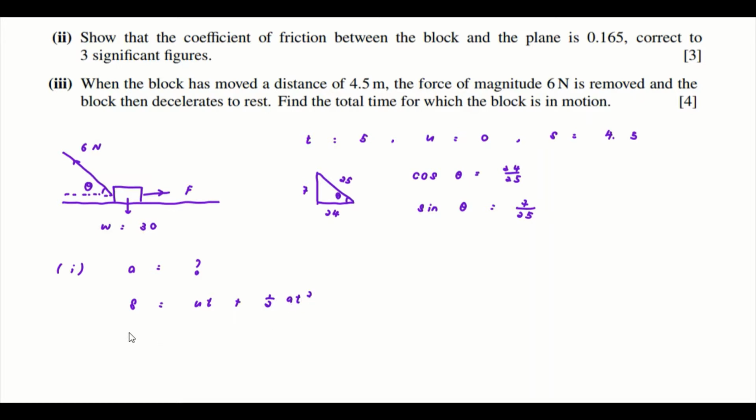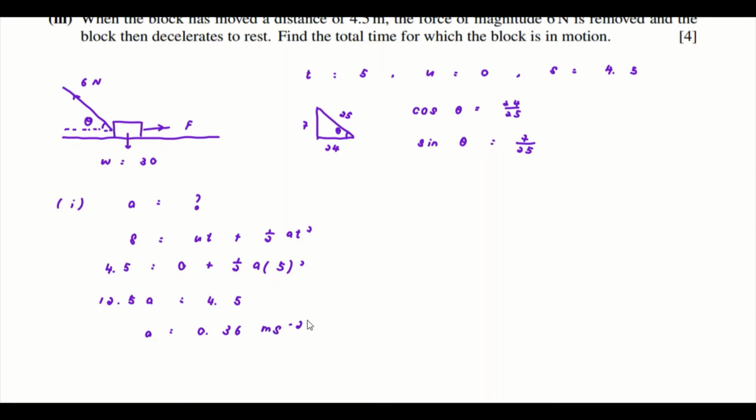From here, we have 4.5 is equal to 0 plus half a times 5 square. So 12.5a is equal to 4.5. From here we can get the acceleration is equal to 0.36 meter per second square.